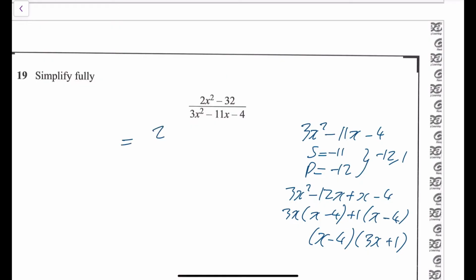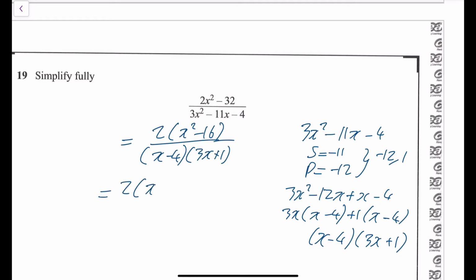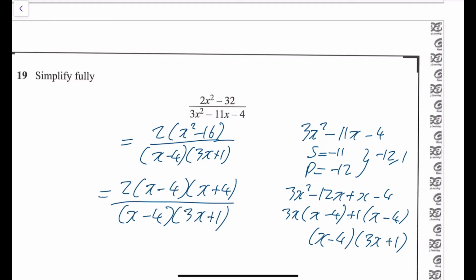Top line, we'll take a couple of steps to factorise it. Pull out a 2 first of all. Your bottom line is x minus 4 times 3x plus 1. And then that's 2 times x minus 4 times x plus 4, and that's all over x minus 4, 3x plus 1.